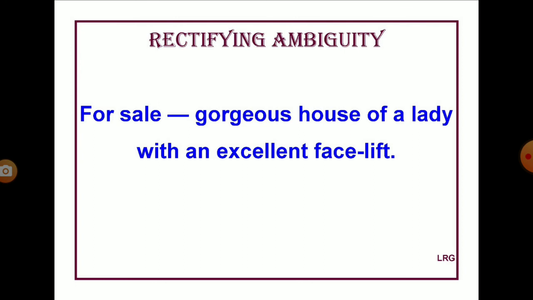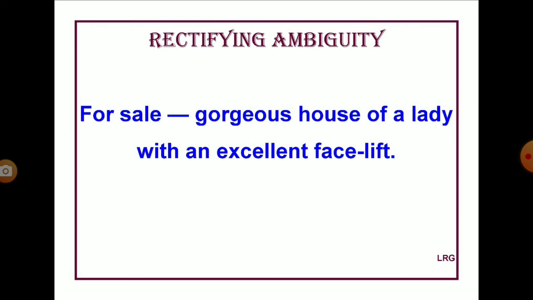Now, the important point here is whose facelift is mentioned in this sentence, in this advertisement. Obviously, it refers to the house, not the lady. So, how do you restructure this advertisement to remove the ambiguity? For sale, you can't change that phrase because that is the language of the advertisements.